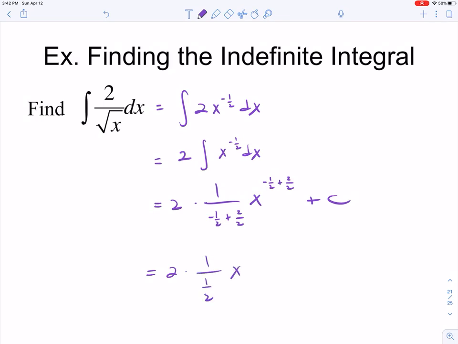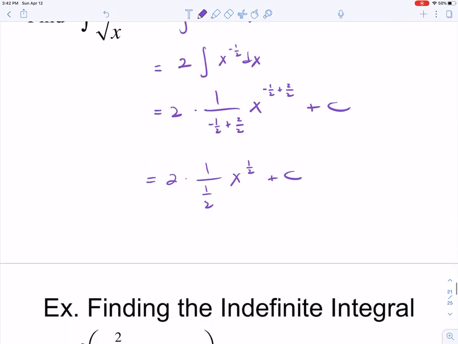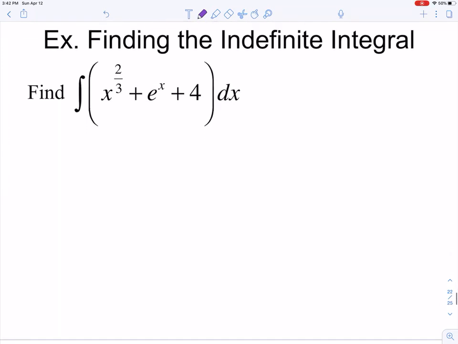So that ends up being 2 times 1 over 1/2 times x to the 1/2 power plus c. 1 divided by 1/2 is 2, and then 2 times 2 is 4. So that simplifies to be 4x to the 1/2 plus c.